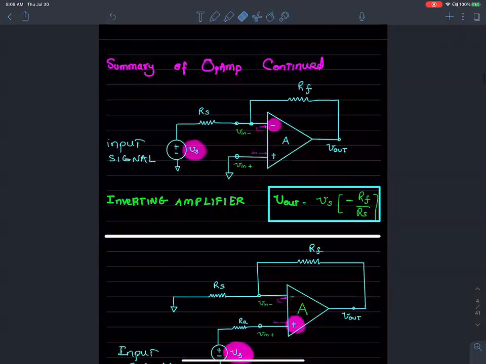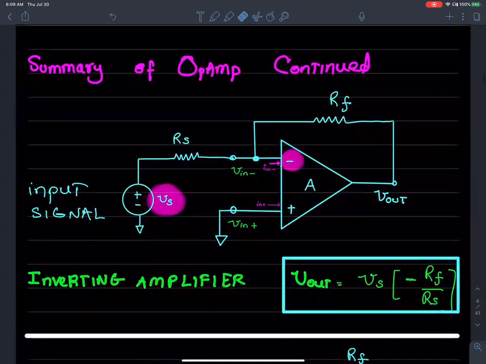Then we talked about the 3 different configurations in which we can connect the op-amp. The first one is the inverting amplifier, and in this class, for all the different configurations, the output is always tied back to the negative terminal.